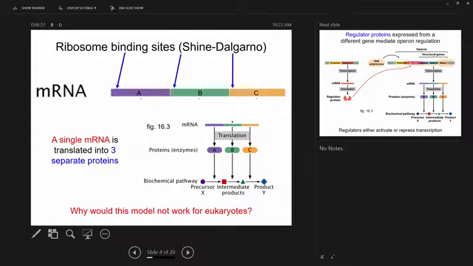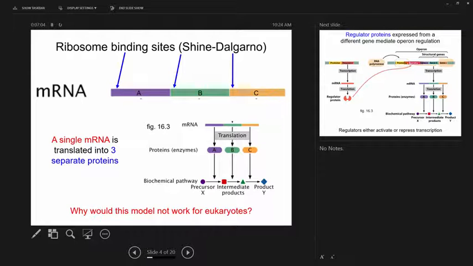This is different than eukaryotes. With a couple of exceptions, where there's actually a special way it's done that's not like this, operons are prokaryote only. So why would this not work in eukaryotes? Think back to what we just talked about earlier today. What's the difference between how the translation start site is found in prokaryotes versus eukaryotes?